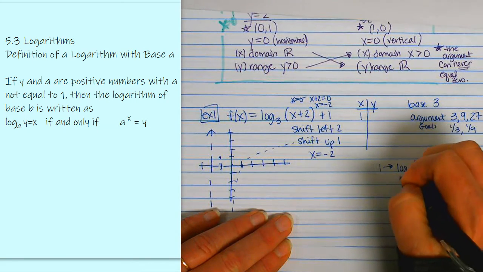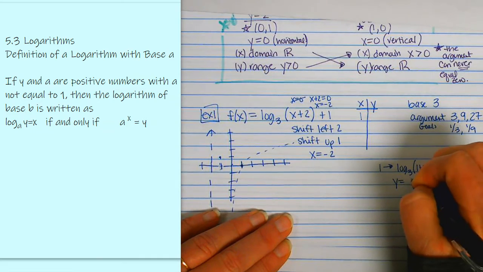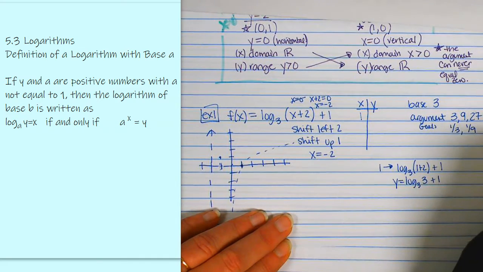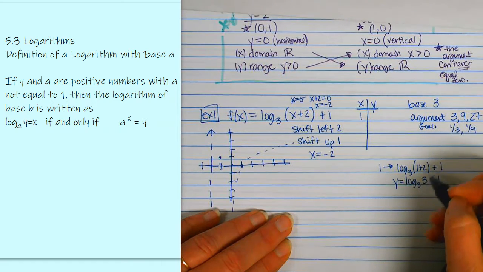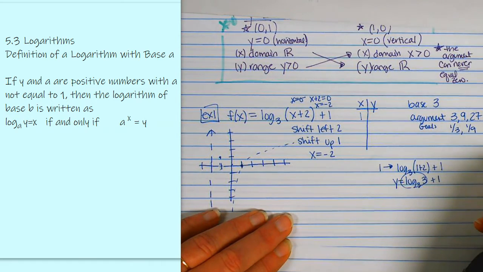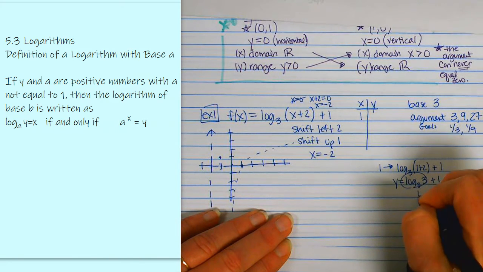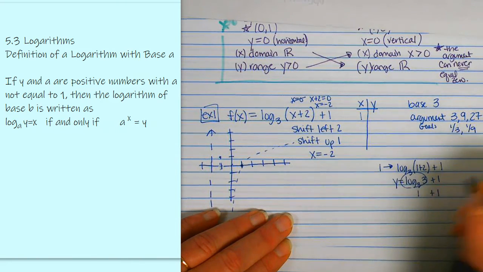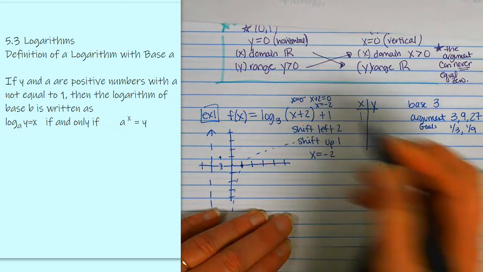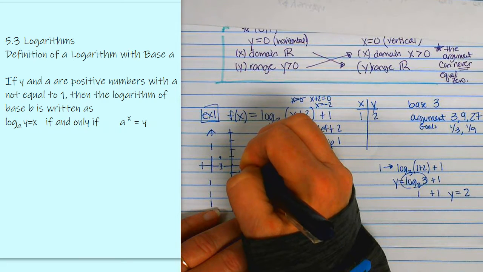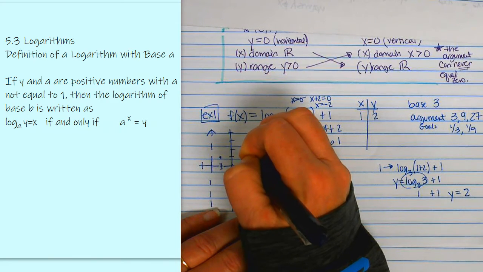So the y value is going to be log base 3 of 3 plus 1. Now that we've done some practice, 3 to what power? This is an exponent. What's the exponent? 3 to what power equals 3, and that's 1. And then I still have the 1 here. So y equals 2. At 1, I'm at 2.